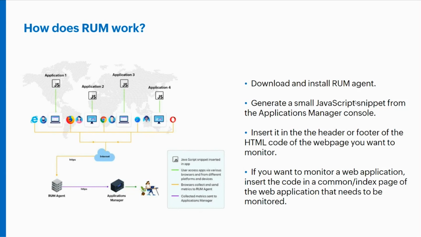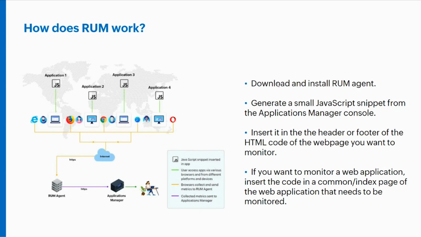Upon loading, the JavaScript snippet acts as the core that collects the performance data and constantly transmits it to the RUM agent. The RUM agent acts as a liaison between this JavaScript code and the Applications Manager web client, which visually depicts the captured data.